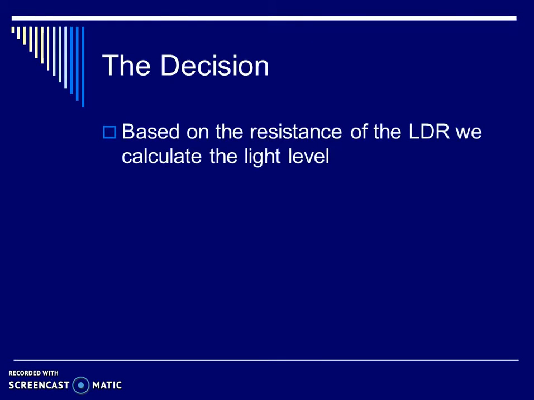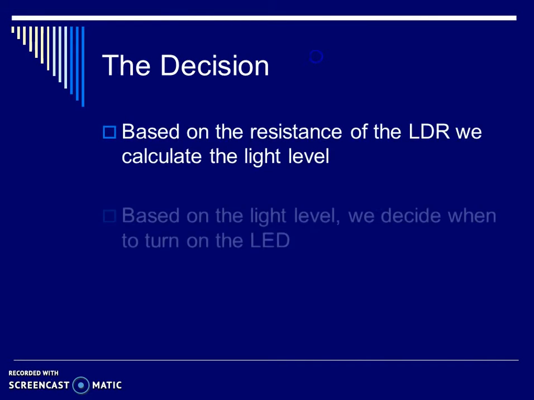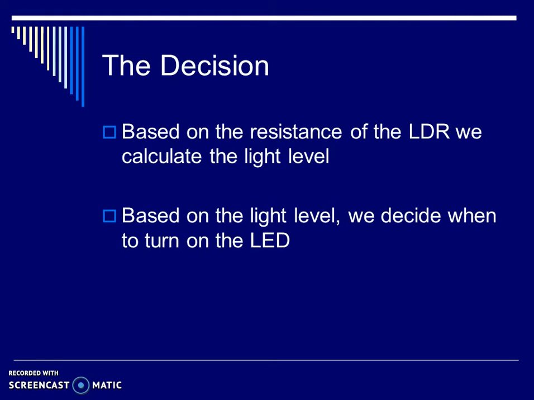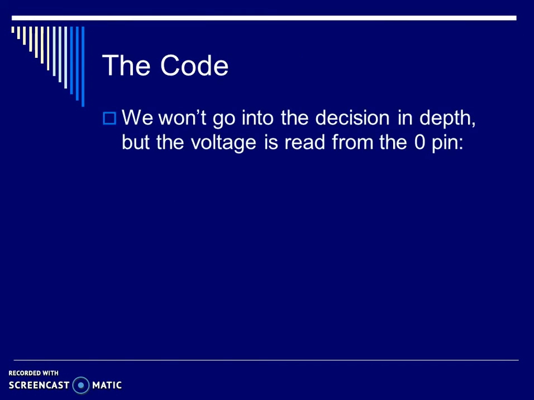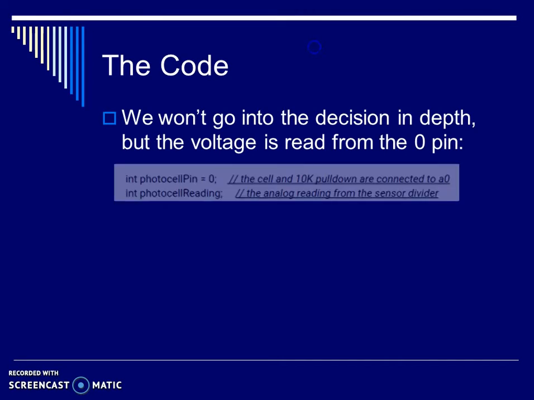Okay, and we don't want to get into this in too much detail, but based on the resistance, we can calculate the light level and then make a decision on that basis. So I'm going to bounce through this piece. In fact, you can implement this later if you want to.